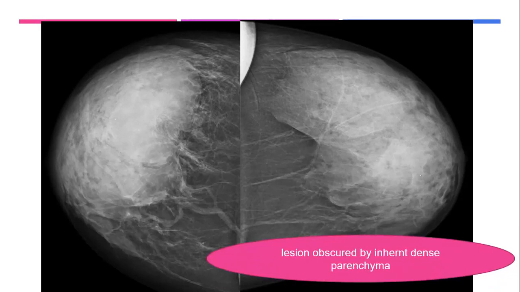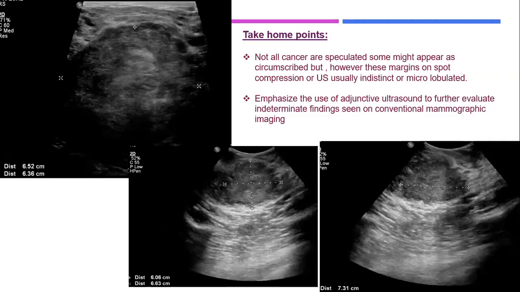Yes. This is our patient, with the lesion obscured by inherently dense parenchyma. This is a large mass in the right breast. If you look here, the lesion looks more or less well-defined. However, we cannot describe it as well-defined because of microlobulated borders. We cannot say this is circumscribed.